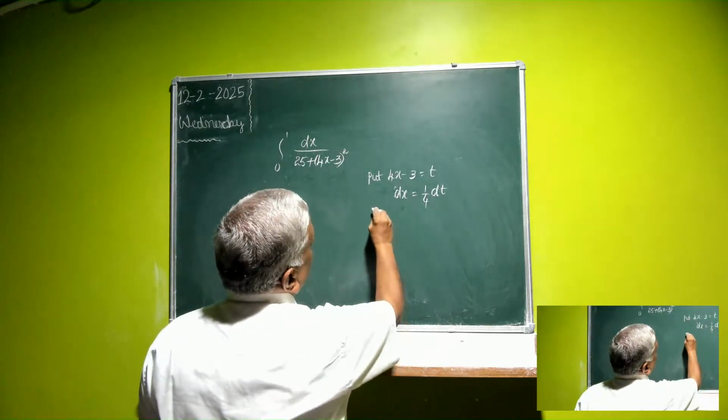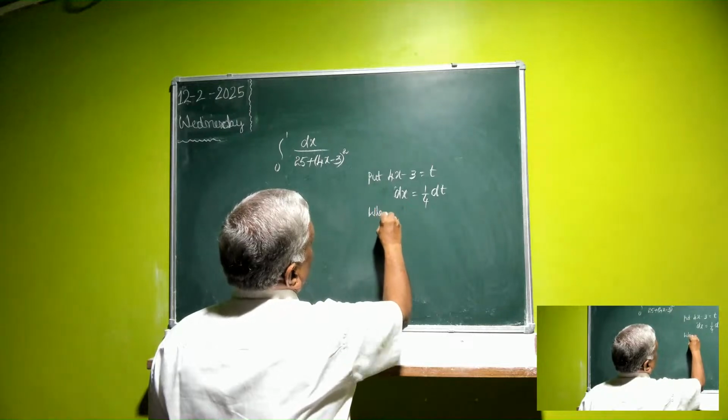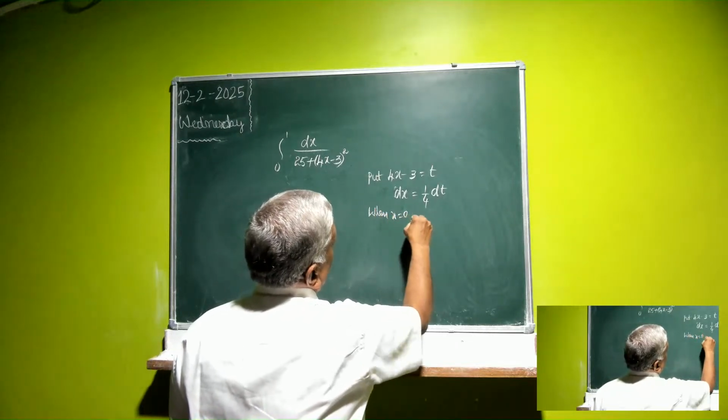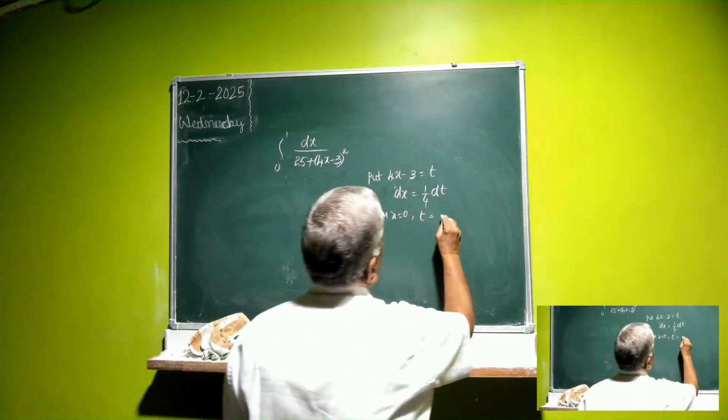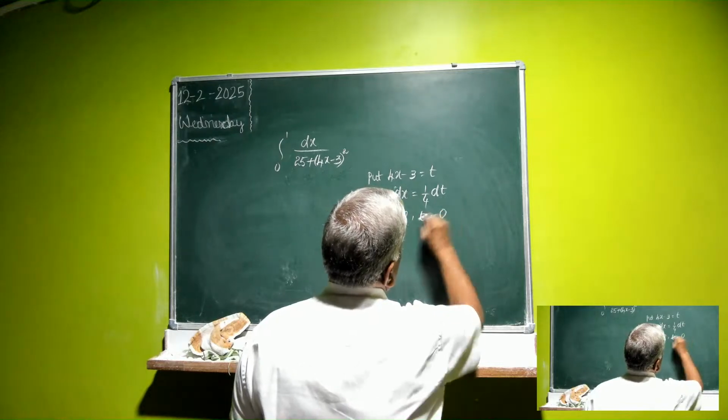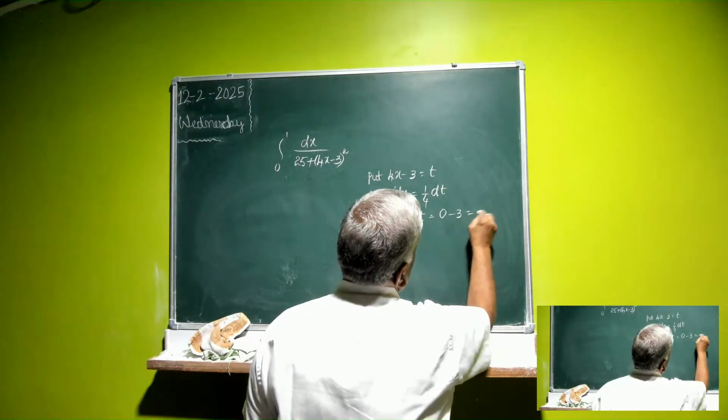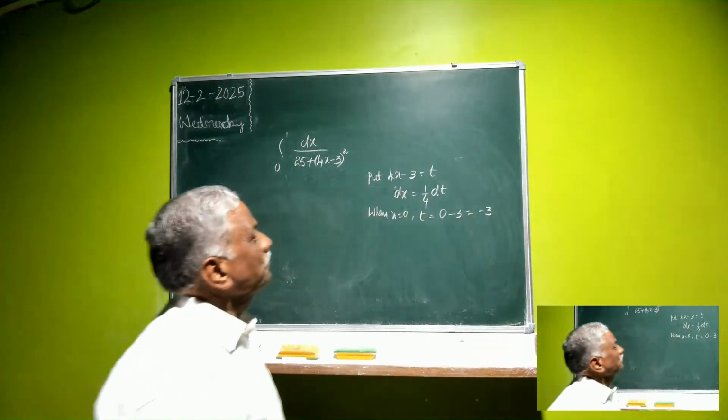When x is equal to 0, t is equal to 0 minus 3, that is minus 3.